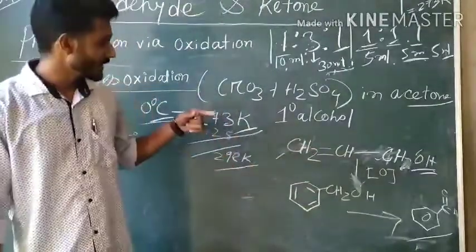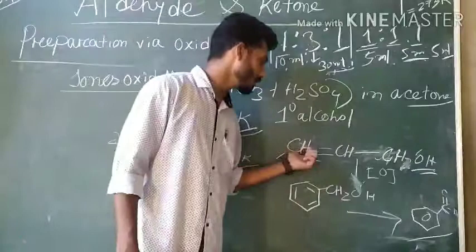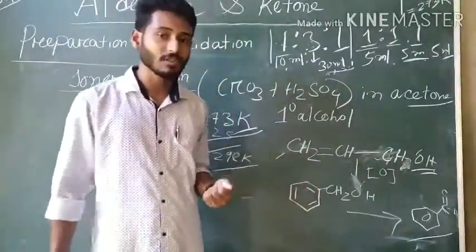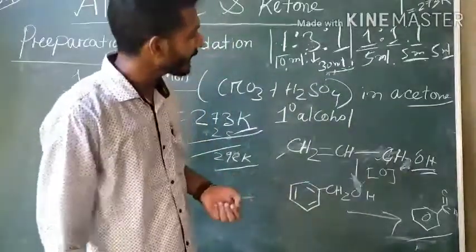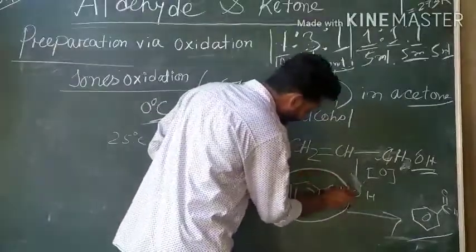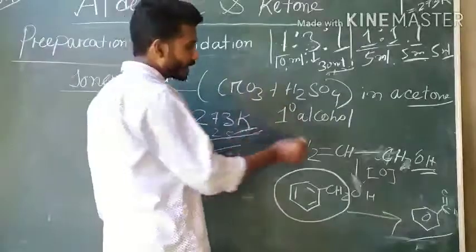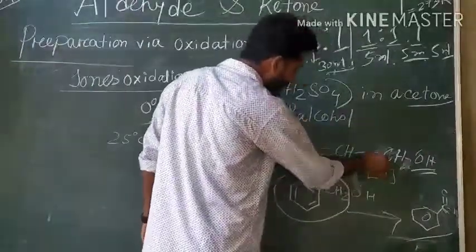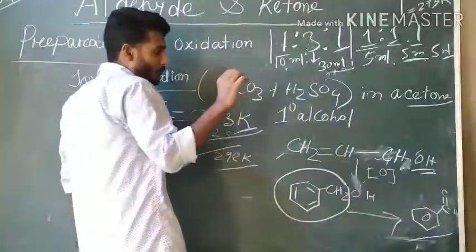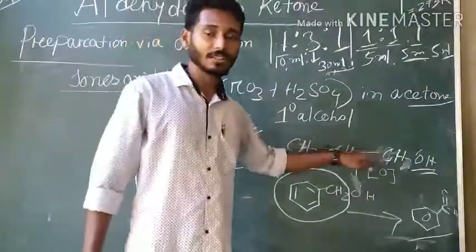Jones reagent is very useful for conversion of allylic and benzylic alcohol to aldehydes and ketones. What is allylic and benzylic? This portion is benzylic. And allylic, I have already told you: when the carbon is not directly attached to the double bonded carbon, just one carbon atom away from it, then this will be allyl.